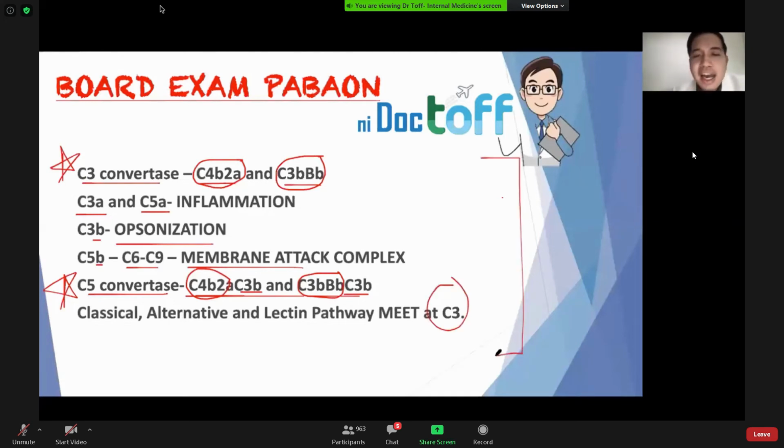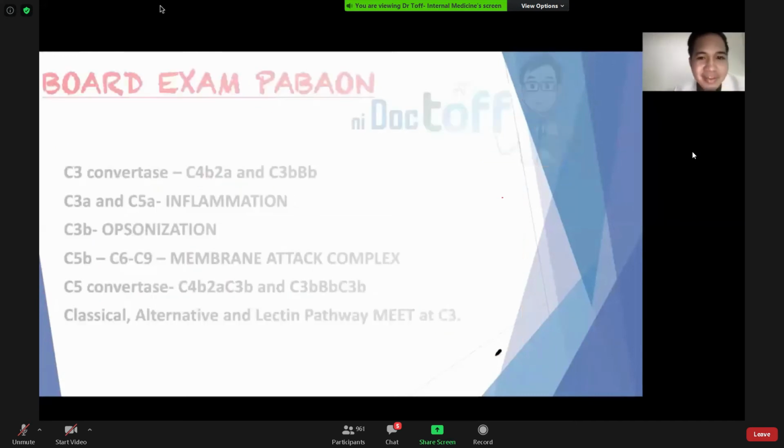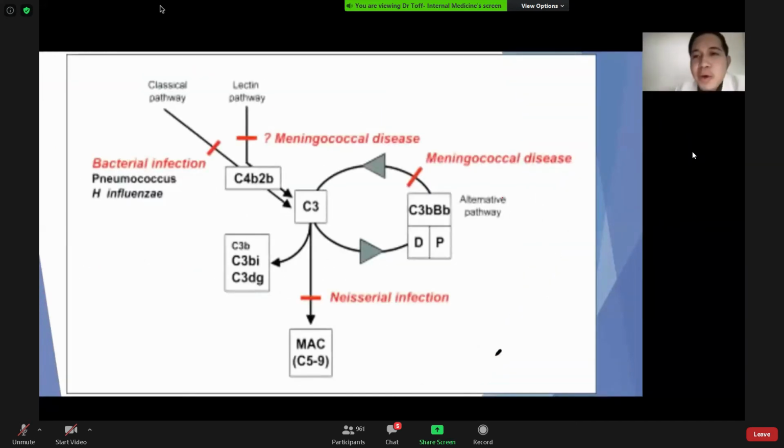So, ito po yung mga nakalap naming previous board exam questions. Okay? So, ito po yung important for you to remember. Sabi ko sa inyo, ang board exam, padamihan ng naalala. Is that clear? Alright, very good. Sige. So, ito po yung kwento. Bakit ang ating mga encapsulated bacteria like your Neisseria meningitidis, right?